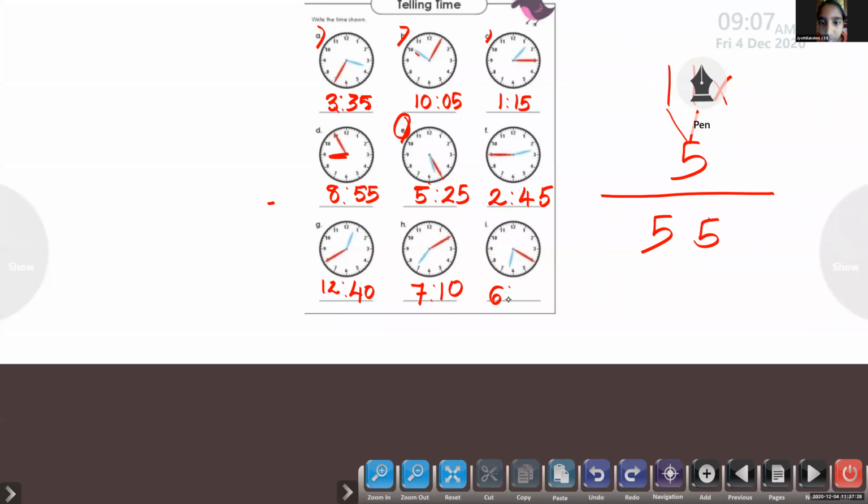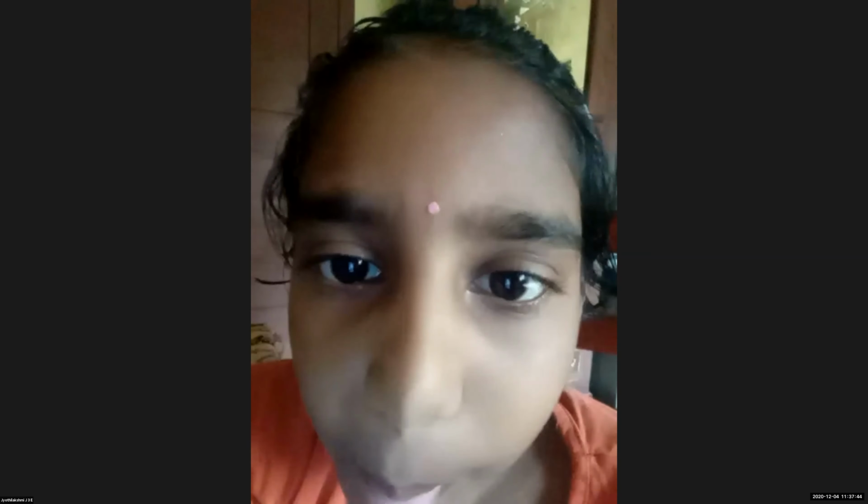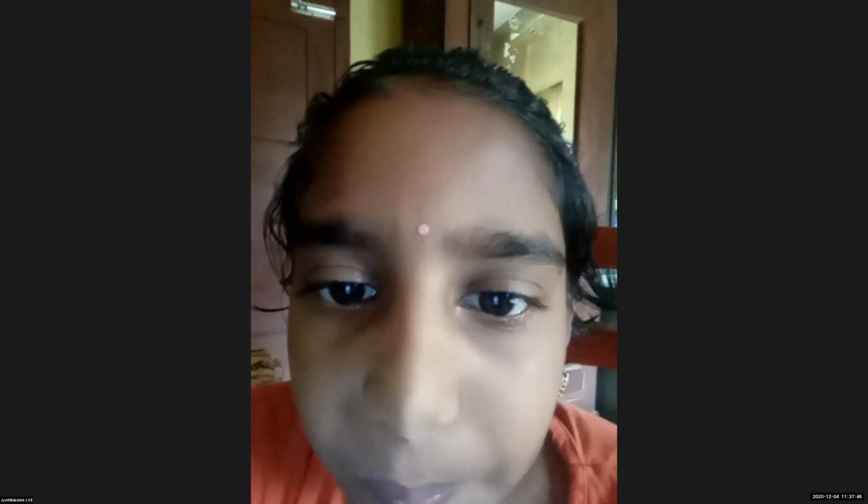So how many minutes? 20. 4 into 5, 20. You have to put 2 dots like this and write the minutes. First you have to write the hour and then you have to write the minutes.